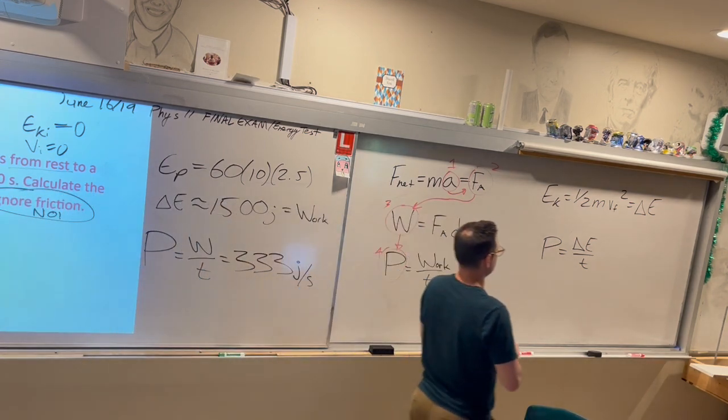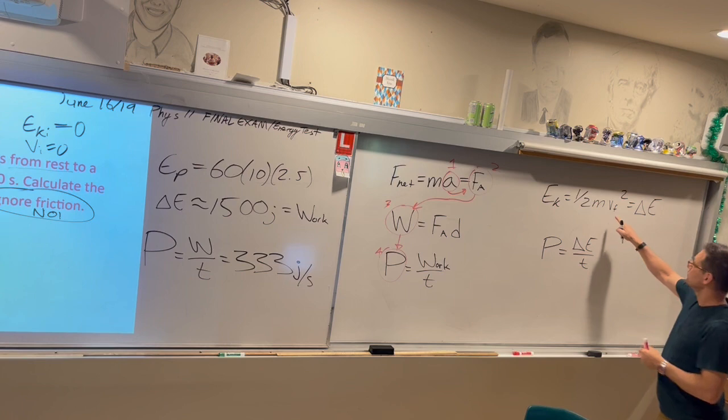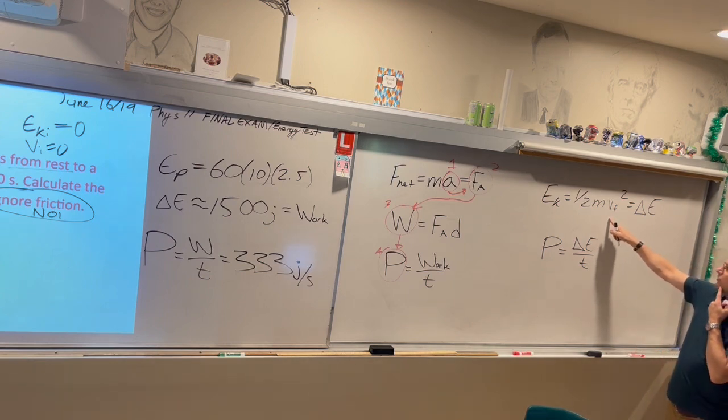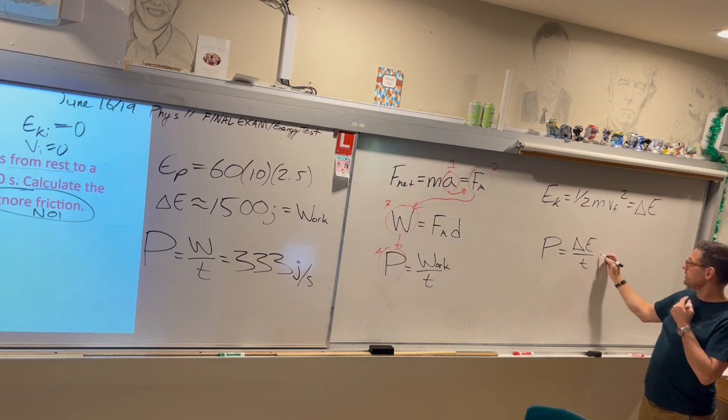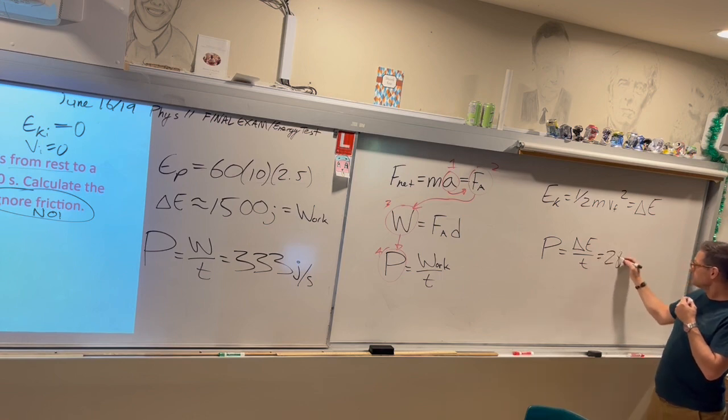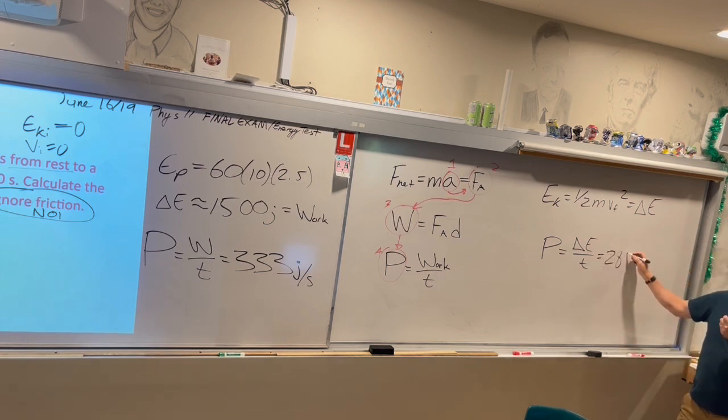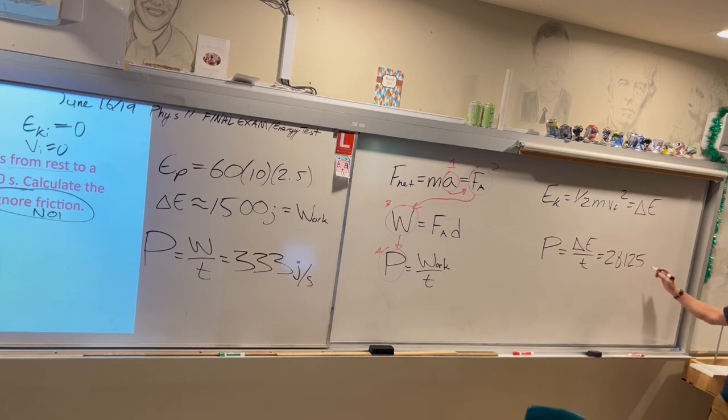Yeah, that sounds close. 225 times 500 would be about 25,000, 28,000 you said? Yeah, 28,125. And what would be my unit here, Elena? Good. So this is watts, or joules per second would be fine.